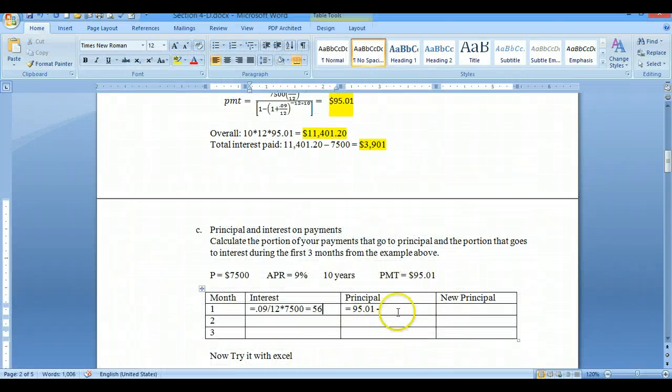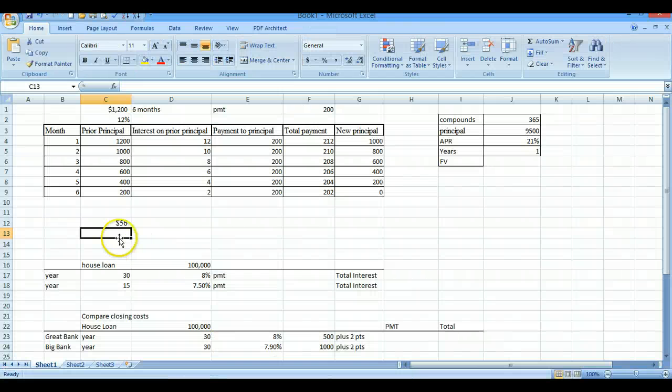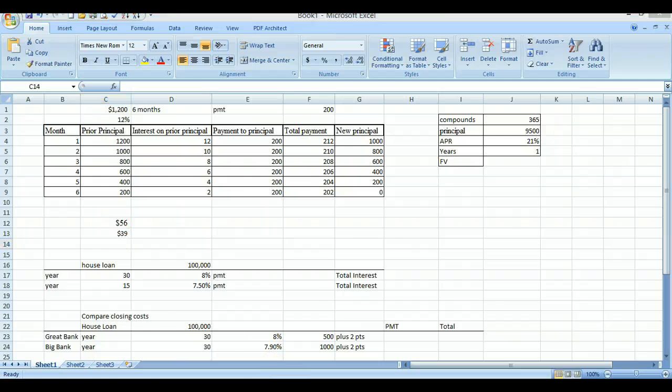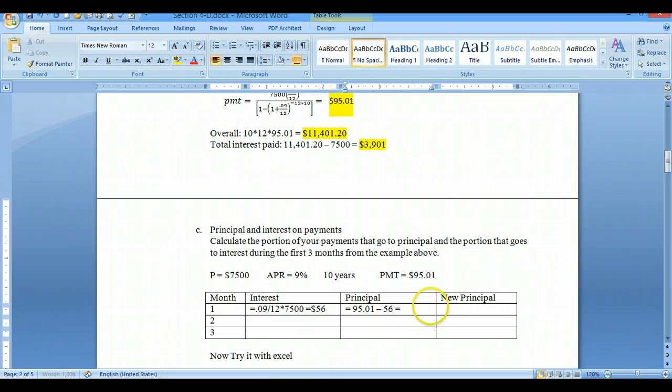Okay, now that I have how much money I pay in interest for the month, I can subtract that from my total payment of $95.01 minus 56. Oops, I forgot my equal sign. Equals 95, subtract my money here, gives me $39 left of what's not being paid towards the interest.